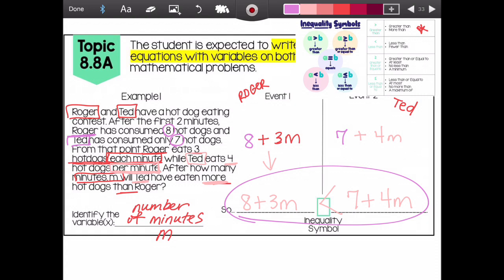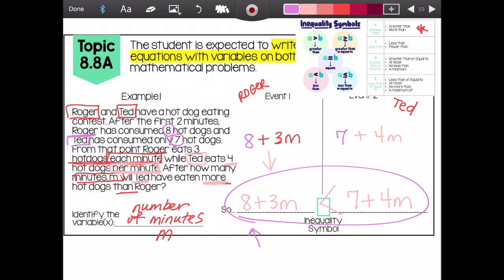Now you might be thinking, if I'm reading this from left to right, why am I using the less than symbol? It's because the way we wrote it, we put Roger first, so Roger has to be smaller than Ted.